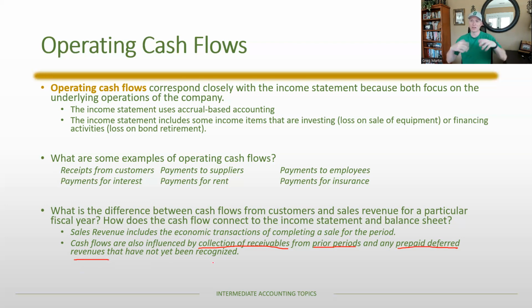So there's a lot going on in addition to just the cash flow. When we think about going from a cash flow to an accrual-based measure or vice versa, we really do need to understand that there's what's reported on the income statement as sales revenue, and then there are the balance sheet items, the receivables and the unearned revenue or deferred revenue, and then there's the operating cash flow, the receipts from the customer, and all those are connected together.